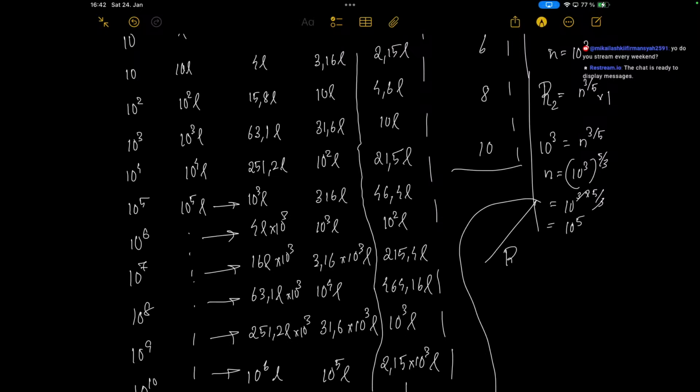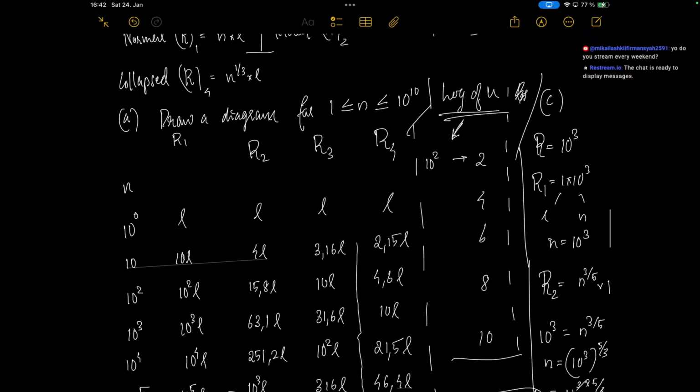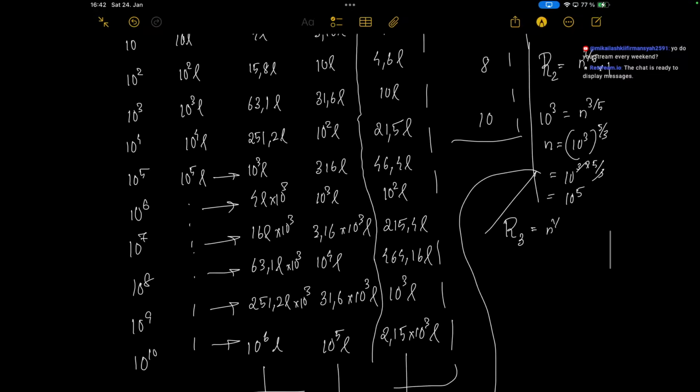So R3, n raised to 1 by 2. 10 raised to 3 equals n raised to 1 by 2, so n equals 10 raised to 3 by 2.